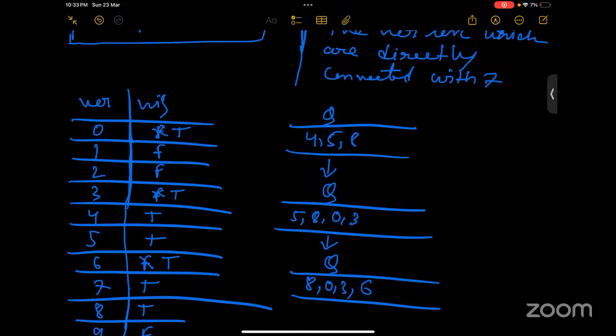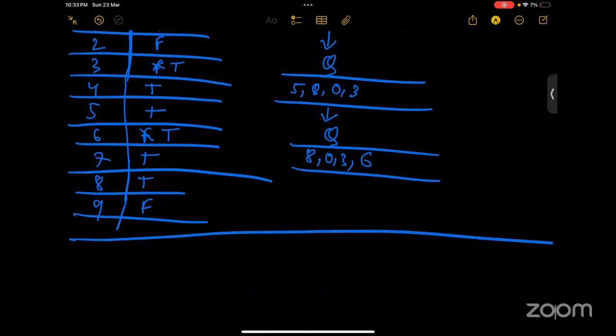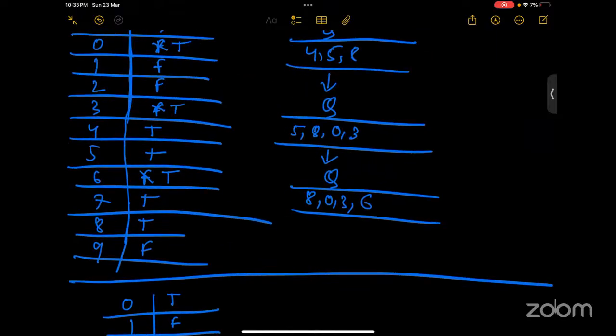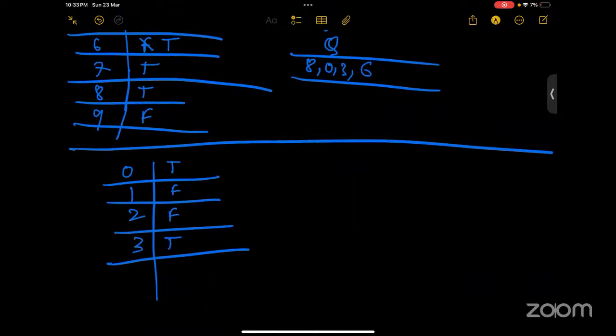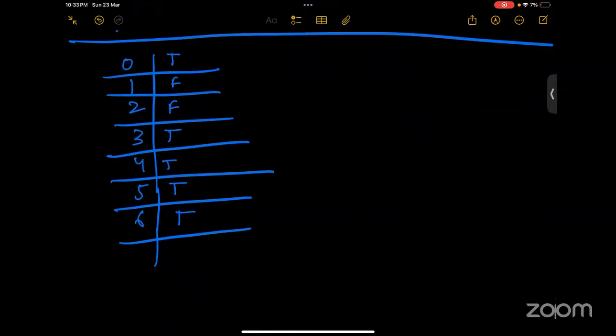Fine. Now we can write it better. 0 true, 1, 2 is false, 3 we have visited, 4 we have visited, 5 we have visited, 6 visited, 7 is the source so 7 also visited, 8 also visited, but 9 we have to visit, right? 9 is false.